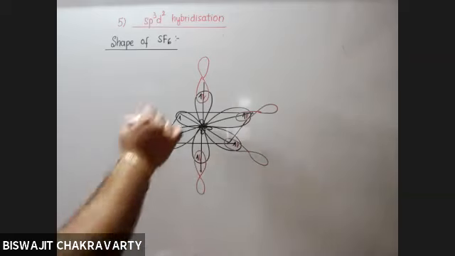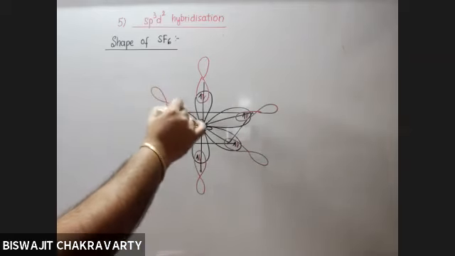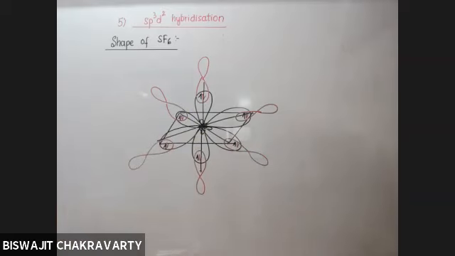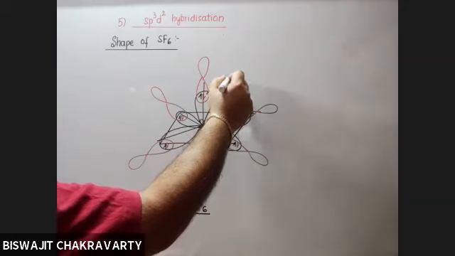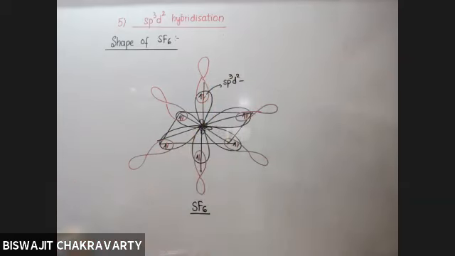So what is the nature of the sigma bonds that are produced finally in SF6? sp3d2 s?